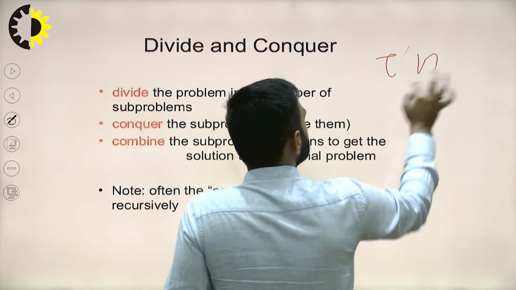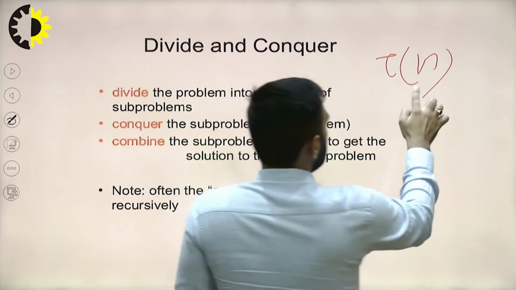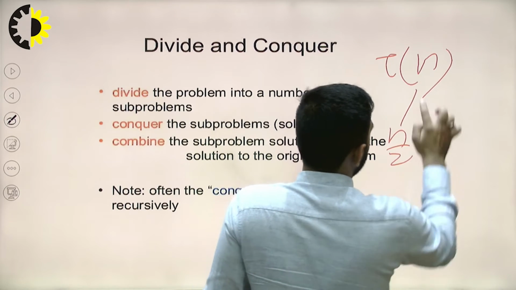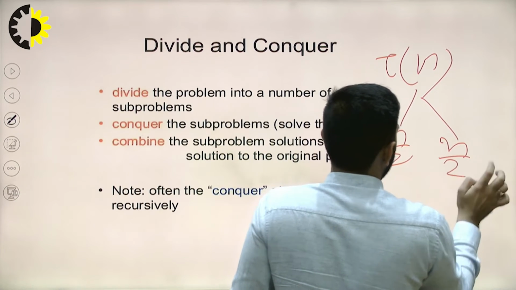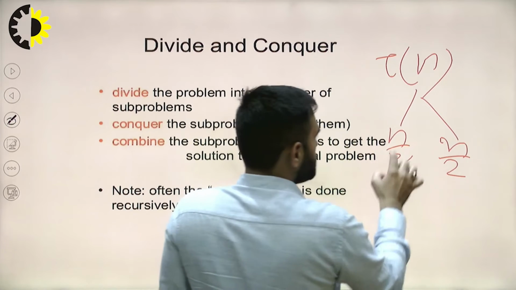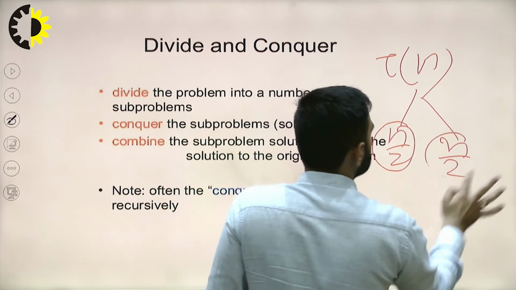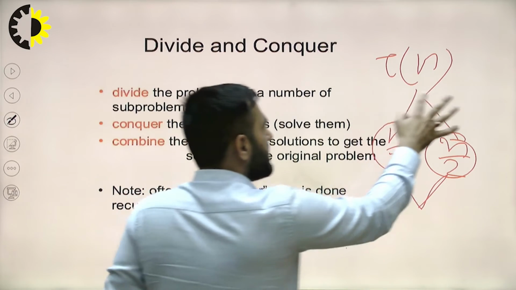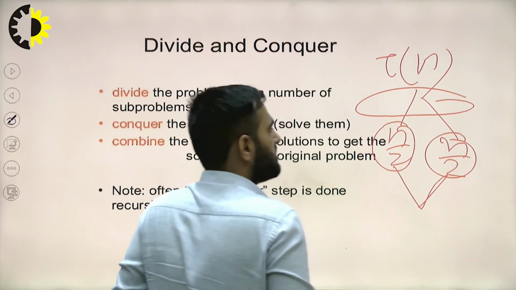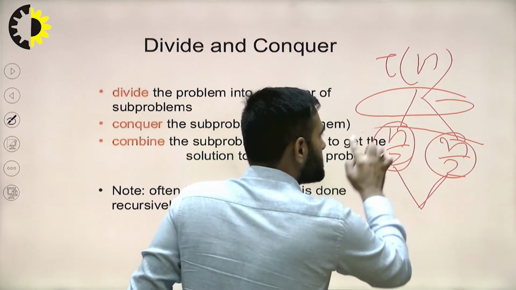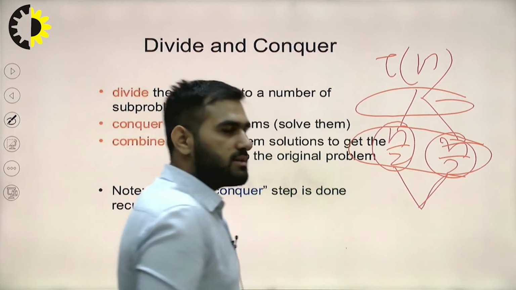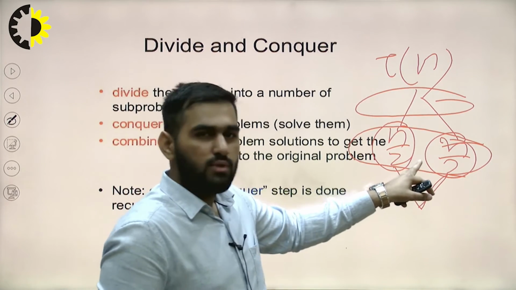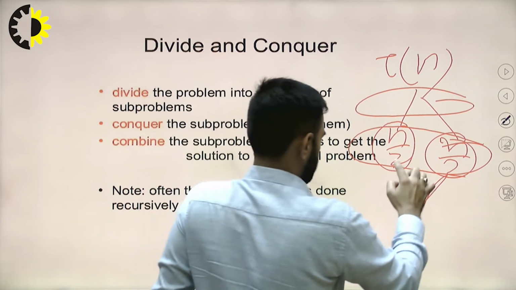Problem Tn, we are dividing into 2 parts, n by 2, n by 2. Now, suppose this is a small problem. Next, we will combine. We are dividing here, and solving the sub problems. Suppose we are getting the small sub problem. What is the next part? We are combining.